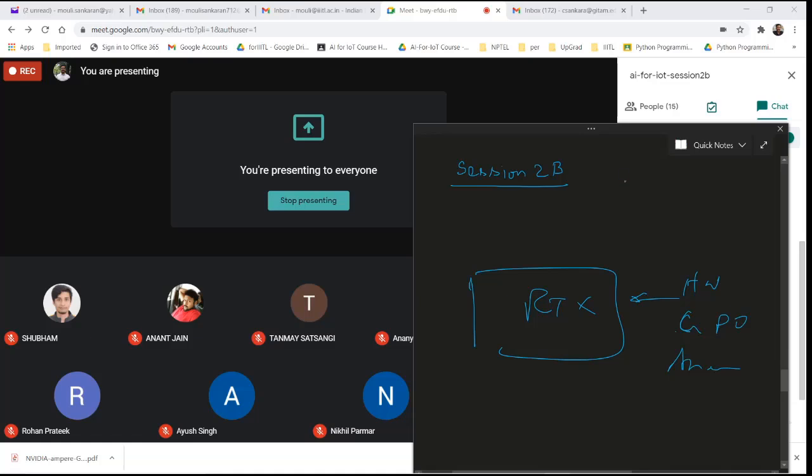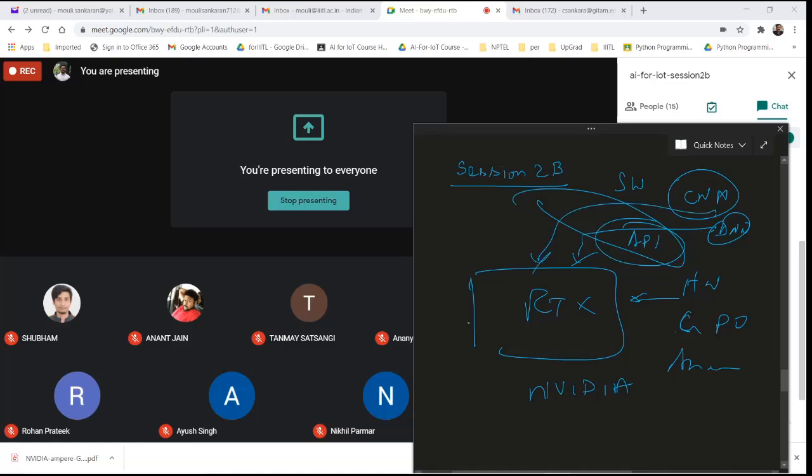Now in your software, you have a CNN or DNN that you implemented, and you want it to run on this chip. Who decides that? It is NVIDIA. They decide it. If they have provided an API or some way of porting this to run on this hardware, it can be done.